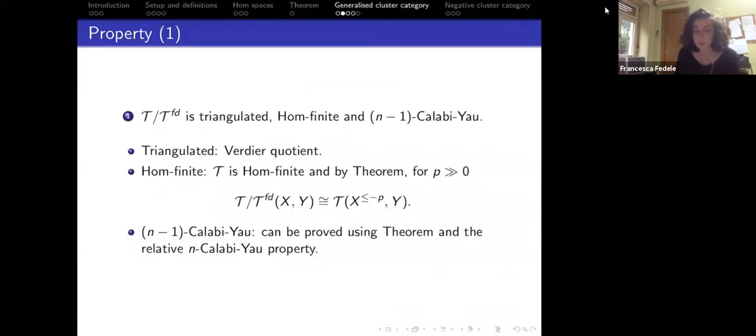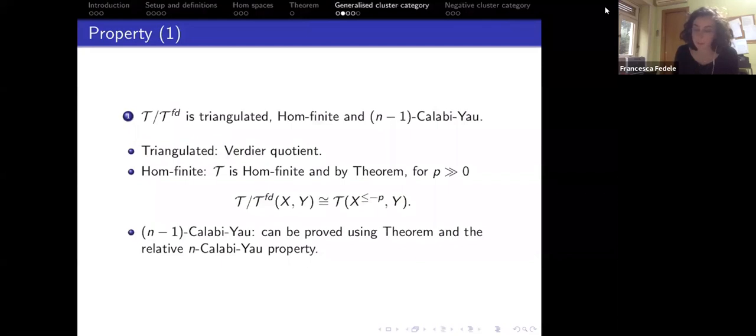So for the first property, we have that T over TFT is triangulated, and that's just because it's a Verdier quotient and the way we are constructing it. It's Hom-finite. This comes from our theorem. So we are assuming T is Hom-finite in the setup we started with.